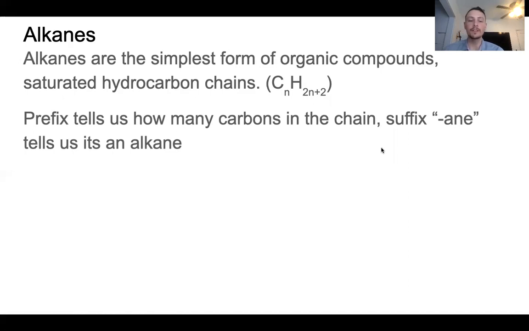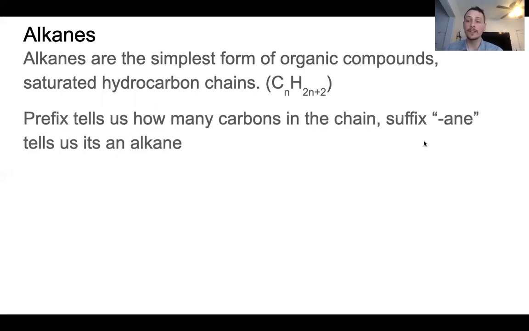They have the prefix, which goes in the beginning, which tells us how many carbons are in the chain, and then the suffix ane, which tells us that it's an alkane, meaning it's only single bonds between those carbons. So for now, until next lesson, they're all going to end with ane as the ending, because we're only going to be dealing with single bonds or fully saturated hydrocarbons here.